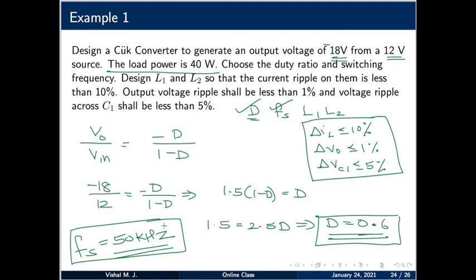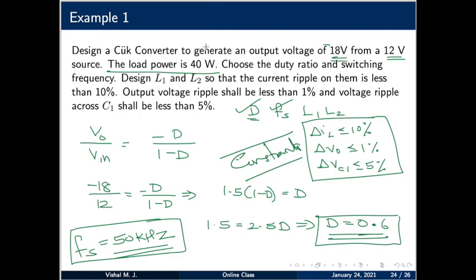If we do all this, we can guarantee that all these constraints are met, and simultaneously we will attain an 18 volt output from a 12 volt battery to feed power to a 40 watt resistive load. And this is how we do the design of a Cuk converter.